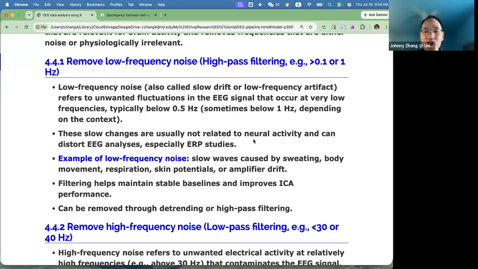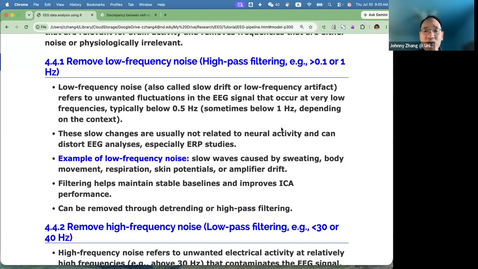If there's a very slow change, it means it's something else. For example, it could be body movement, your breath, or an eye blink. These are not really neural information, so we want to remove them.